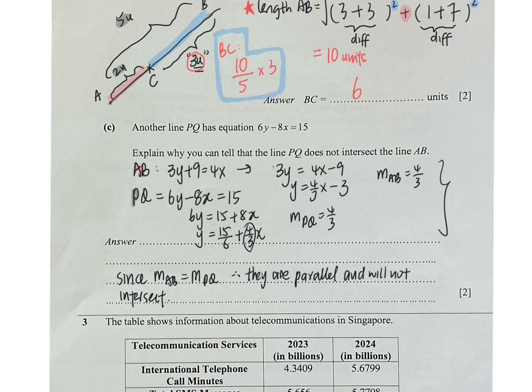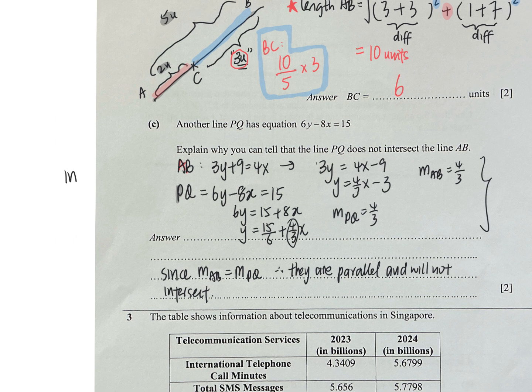Intersect and intercept, oh, it matters. Okay, intersect means they cut. Okay, intercept could be the x or y intercept, where it cuts the x or y axis.